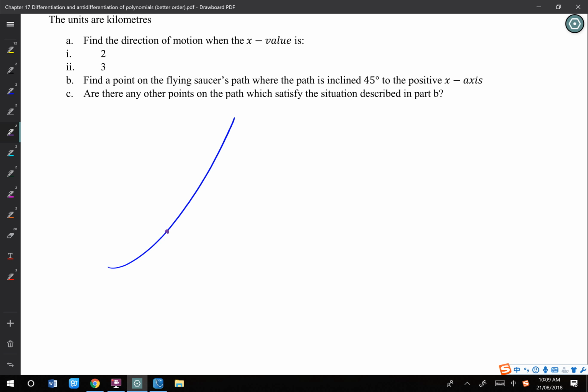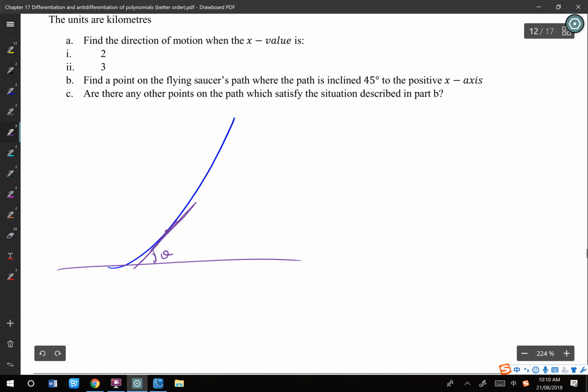At this time it's trying to fly this way. It's the tangent of the graph. So you look at what angle you make with the horizontal to fly. 45 degrees to the horizontal, or 135 degrees, which way. If it's not a nice number, it's a decimal number, for example 57.9 degrees, to 1 decimal place.